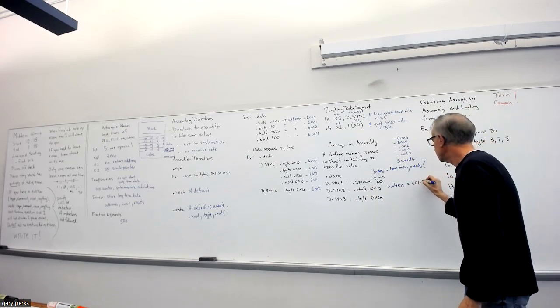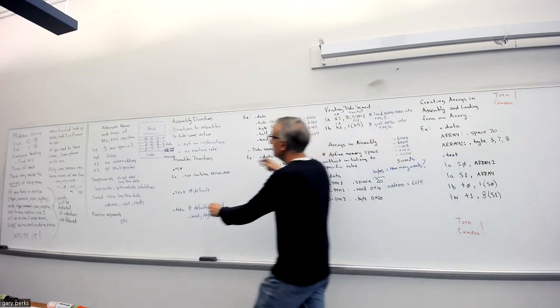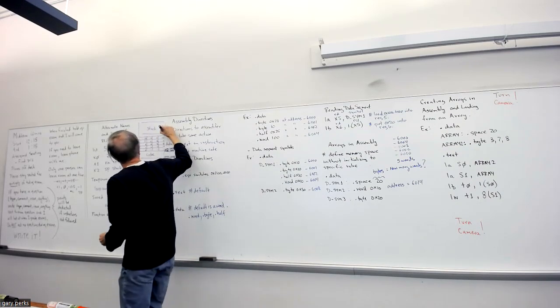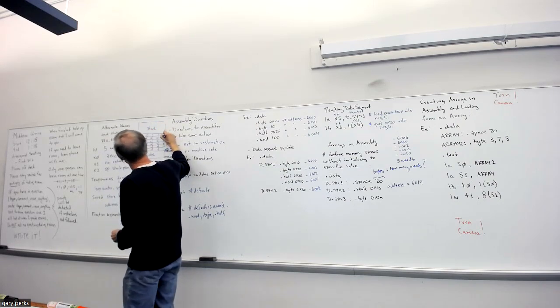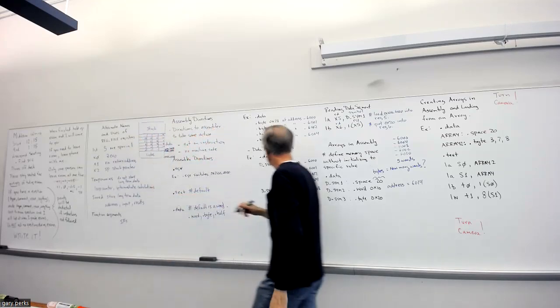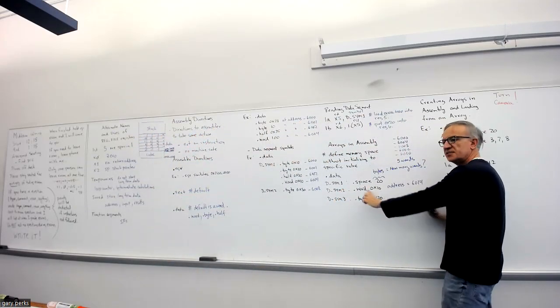Right, because this word with address 6010 takes up these 4 bytes. So you get this word address, 6014, for this data.